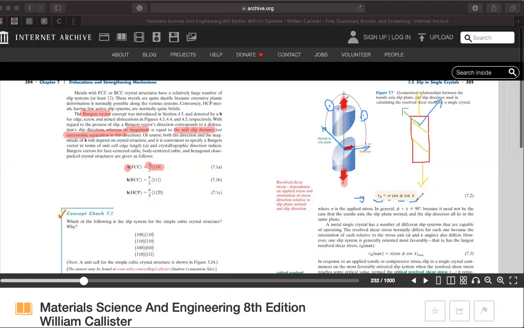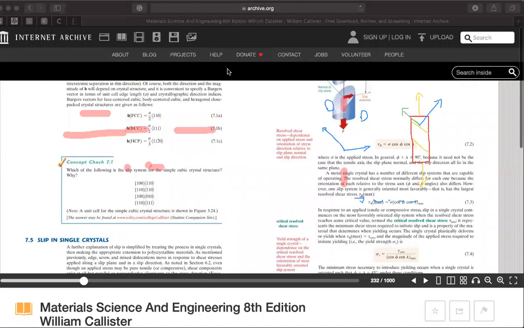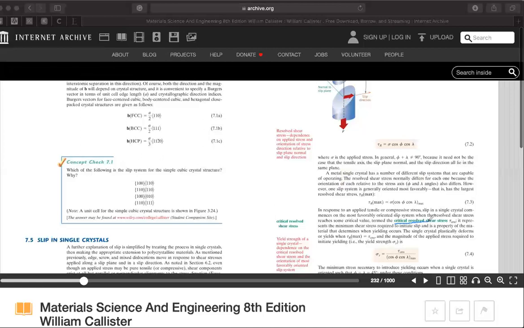That term is called critical resolved shear stress. So if the resolved shear stress reaches a certain value, called the critical resolved shear stress, then the dislocation will move inside the material. So critical resolved shear stress is needed in order to activate that slip system, to let the dislocation slip on that plane.